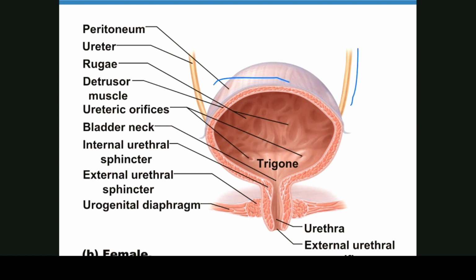This is a urethra. This is the external urethral sphincter here, and we have an internal urethral sphincter. So this one is involuntary, this one is voluntary, and this is obviously a female because of the short urethra.